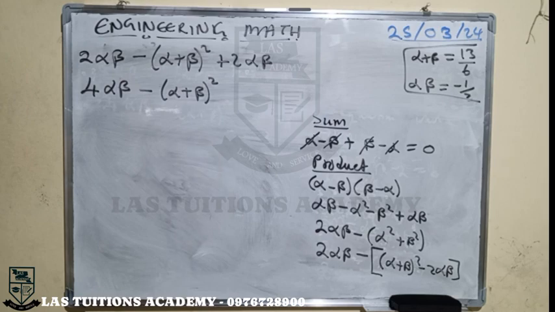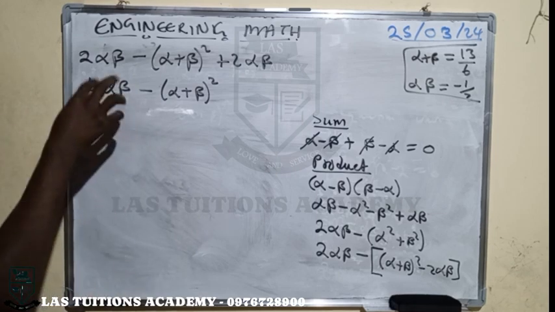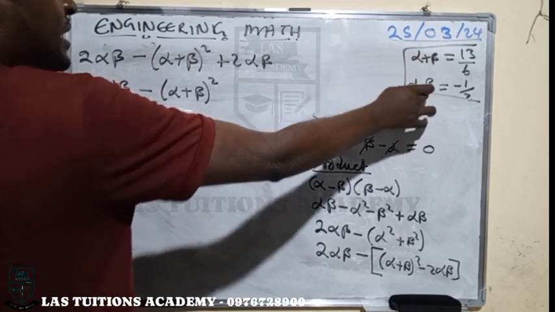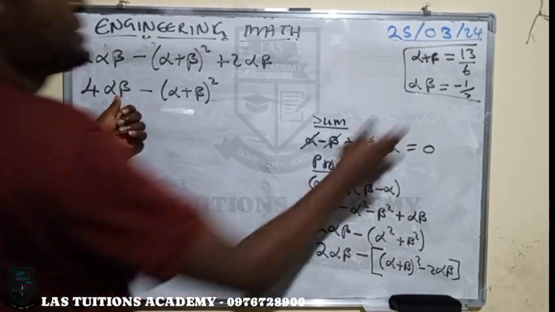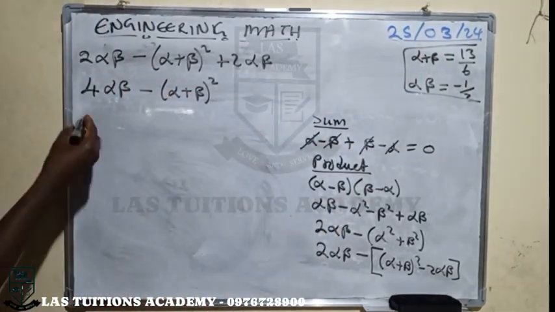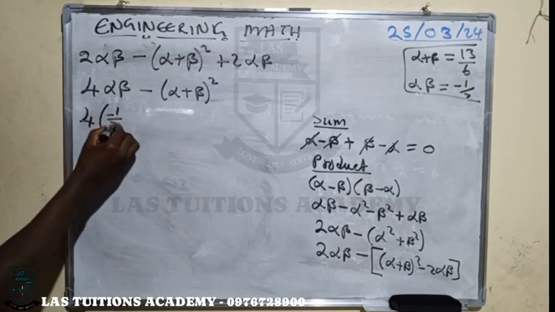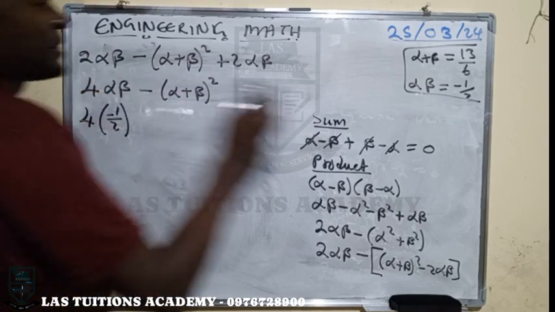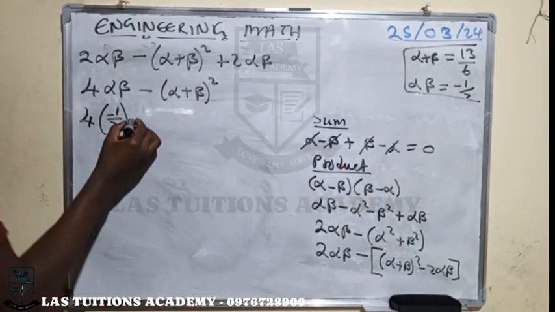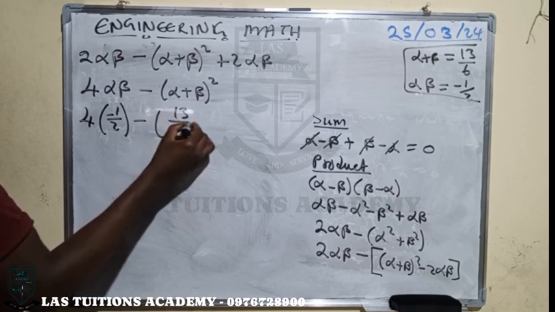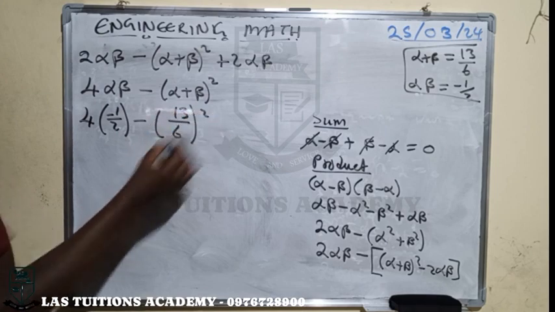So now here we replace our alpha beta there. That was the reason for finding the sum and the product. So here I'm going to replace the product: 4 times negative 1 over 2, because that's the product of the roots. Then minus, the sum is simply 13 over 6, squared.